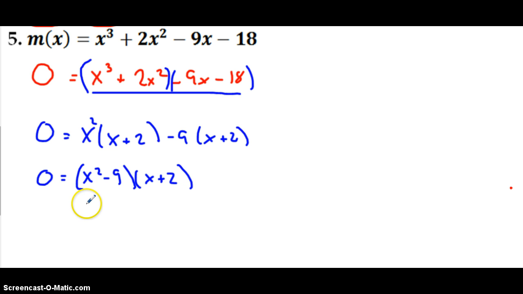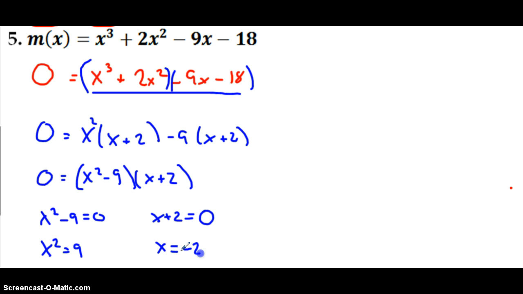All right, I set both of these equal to 0. So it's x squared minus 9 is equal to 0, and x plus 2 is equal to 0. While I solve these, I add 9 to both sides. I get x squared equals 9, and from the other factor I get x is equal to negative 2. That one's already solved. This one we still have some work to do on.